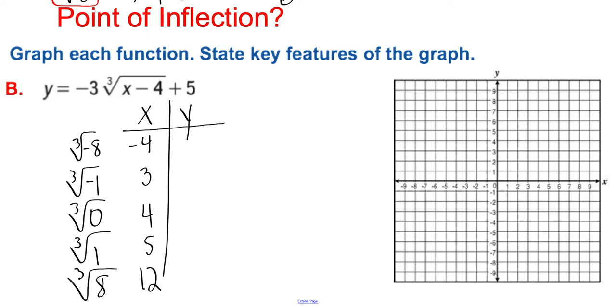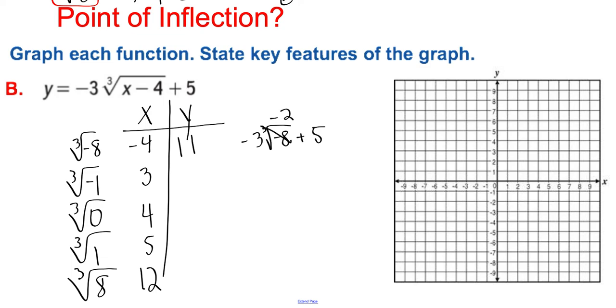Okay? And an easy way to do these, just like in the last one, if you wanted to show your work, it'd be -3 cube root -8, because we know we're going to get those perfect cube roots because that's why we chose those numbers. Okay? So that's kind of what I was doing in my head before, after I started going a little bit quicker. So cube root of -8 is a -2. So we're going to have 6 plus 5, that's 11. Okay?